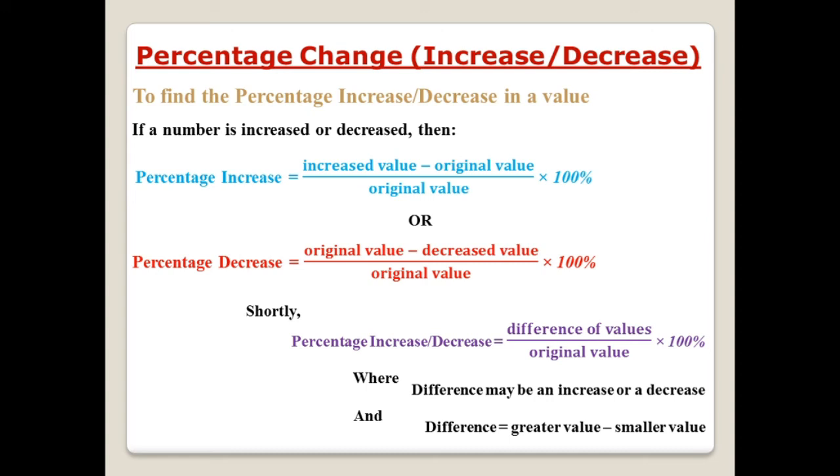In the above formula you can see that it is already increased value minus original value, and here it is original value minus decreased value, because here the increased value is greater than the original one, and in this formula the decreased value is less than the original one. So we follow the pattern that the difference must be higher value minus the lower value.